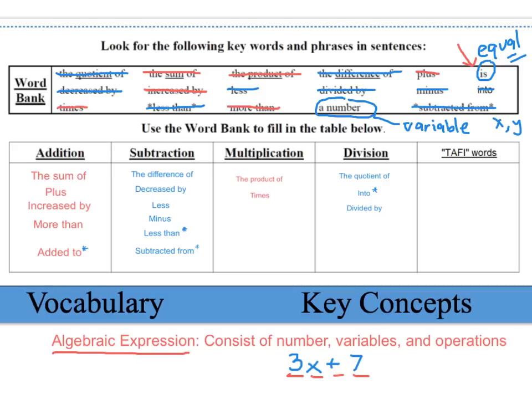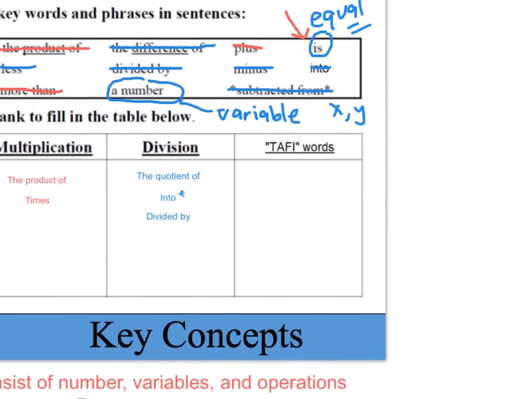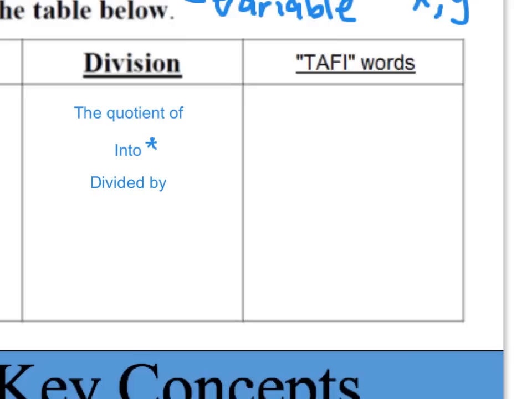Alright, so in our last box we have something called taffy words. Taffy words are words which require you to flip. So anytime you see the taffy words, you need to flip the order of the numbers. The T in taffy stands for than.